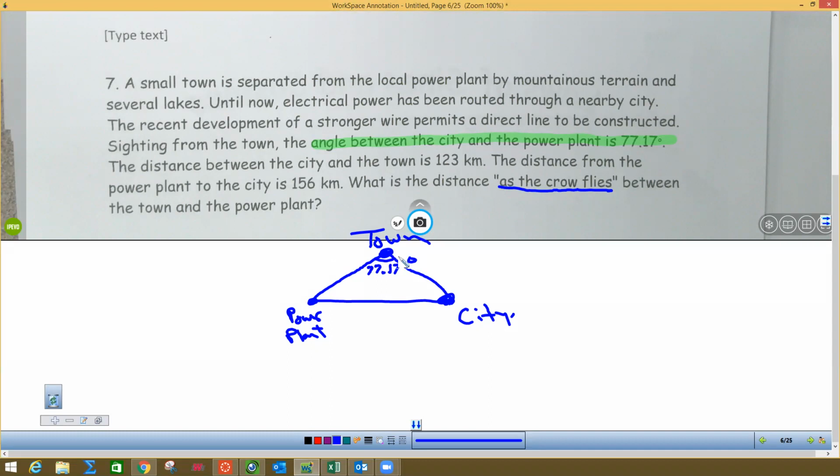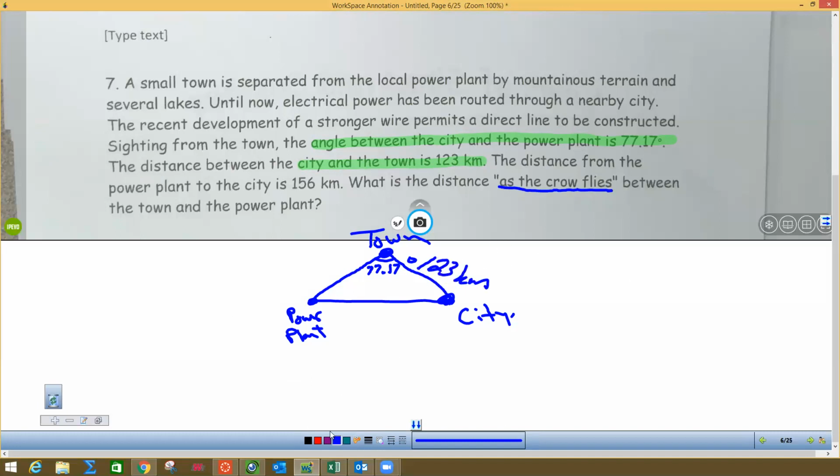Am I going too fast? Anybody? Okay, then the next thing it says, the distance between the city and the town is 123 kilometers. Can we all see where the city and the town is on the graph? So that segment is 123 kilometers.